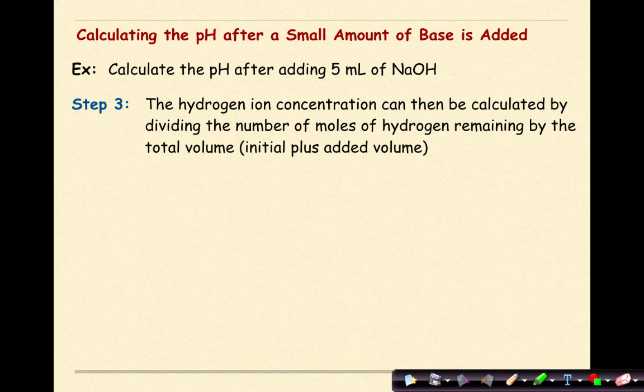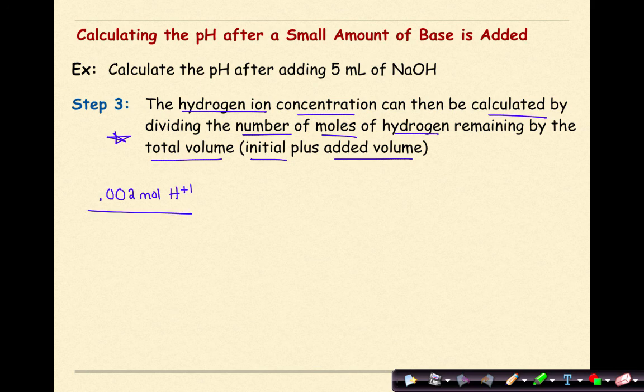Step 3. The hydrogen ion concentration can then be calculated by dividing the number of moles of hydrogen remaining by the total volume, initial plus added volume. And this is a key step here. So we have 0.002 moles of hydrogen ions remaining after we removed those hydroxide ions to neutralize it. We added 0.005 liters, and that came from the volume of the base.